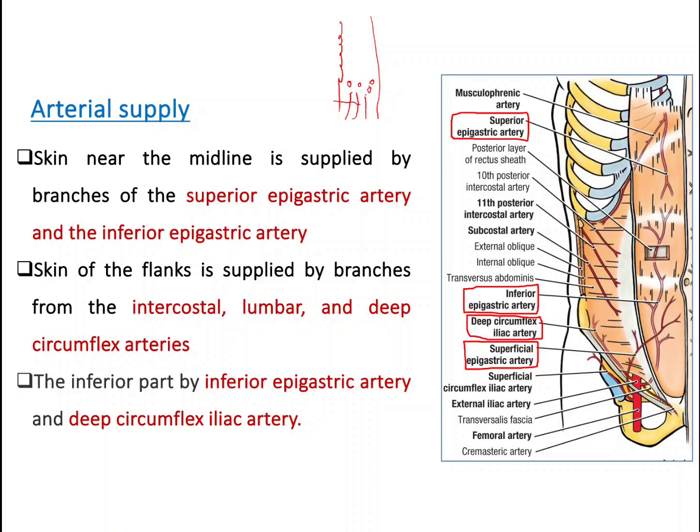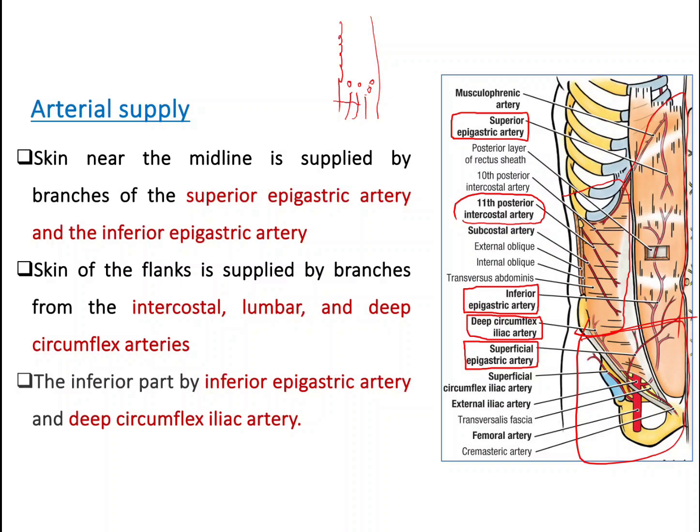Let us see what are the blood vessels present over here. Based on the blood supply, we can divide the anterior abdominal wall into three areas. This is the lateral area. Then there is a medial part and there is a lower half. In the lateral half we have the branches of the posterior intercostal arteries.